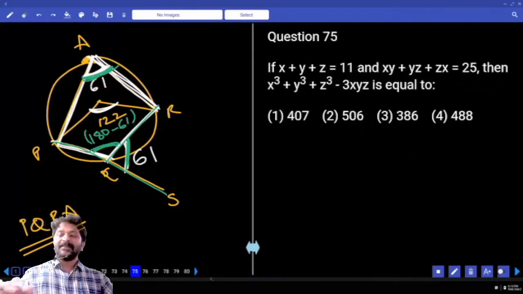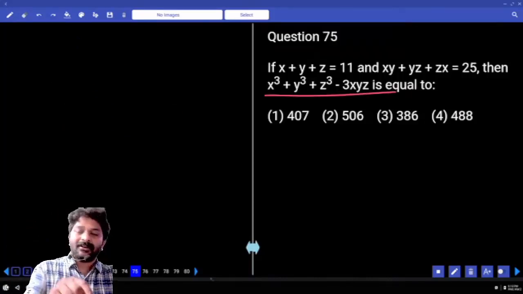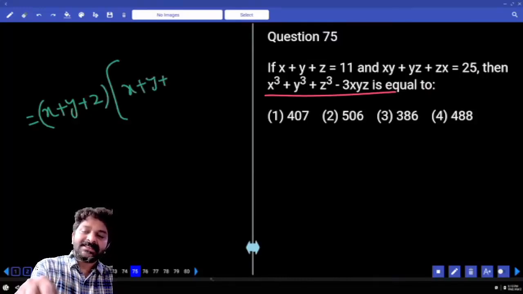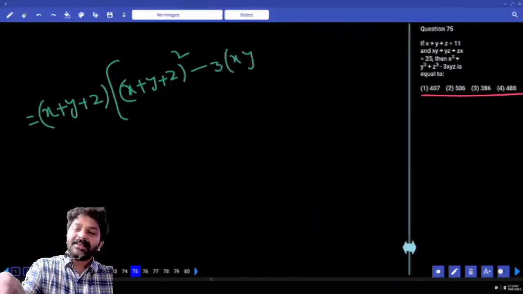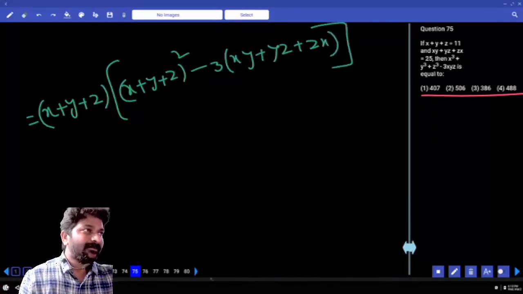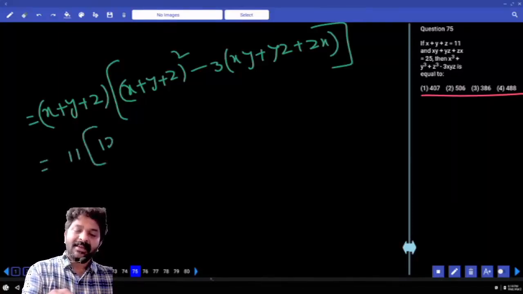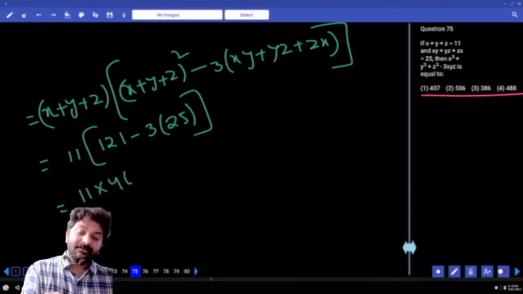x plus y plus z is equal to 11 and xy plus yz plus zx is 25. ఈ వాల్యూ కావాలి. మల్టిపుల్ టైమ్స్ వీ హ్యావ్ సాల్వ్డ్ దిస్ క్వశ్చన్, కరెక్ట్? దట్ ఈజ్ ఈక్వల్ టు (x plus y plus z) into (x plus y plus z) whole square minus 3 times of (xy plus yz plus zx). సింప్లిఫైడ్ ఫామ్. ఒక స్టెప్ తీసేస్తున్నాం, ప్రతిరోజు చెప్పటం కంటే అందుకని తీసేస్తున్నాం. ఓకే కదా? 11 into 11 square 121 minus 3 times of 25, 75 సపరేట్ చేస్తే ఎంత? 46. 11 into 46.